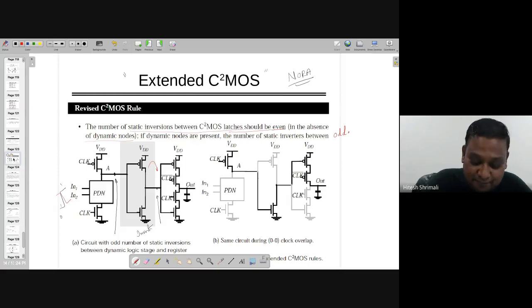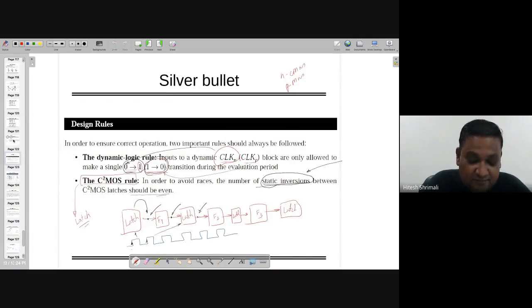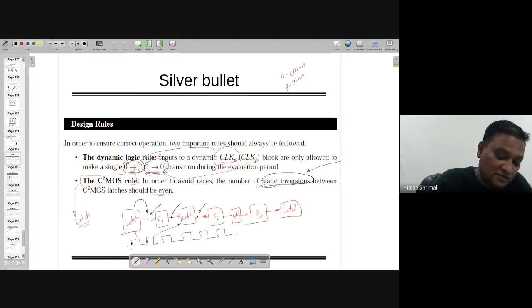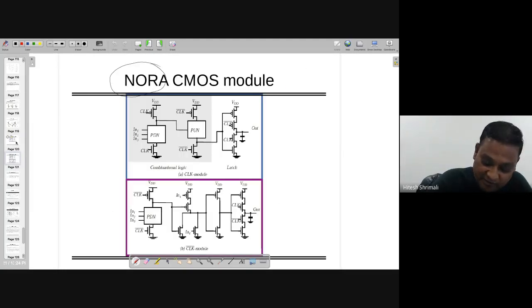Sir, in the previous slide, the number of static inversions between C-square MOS latches should be one. Previously we have written that if the logic function which we have implemented, actually the latch has also one inversion, right? The latch itself is one inverter.